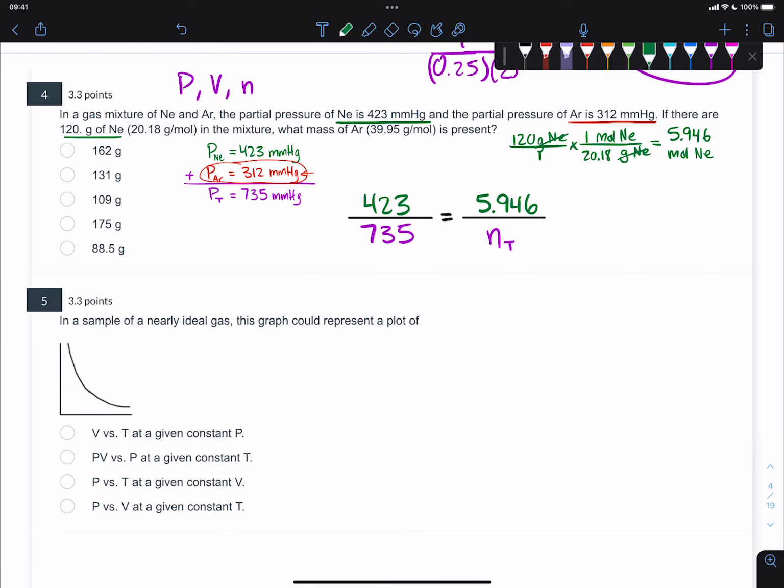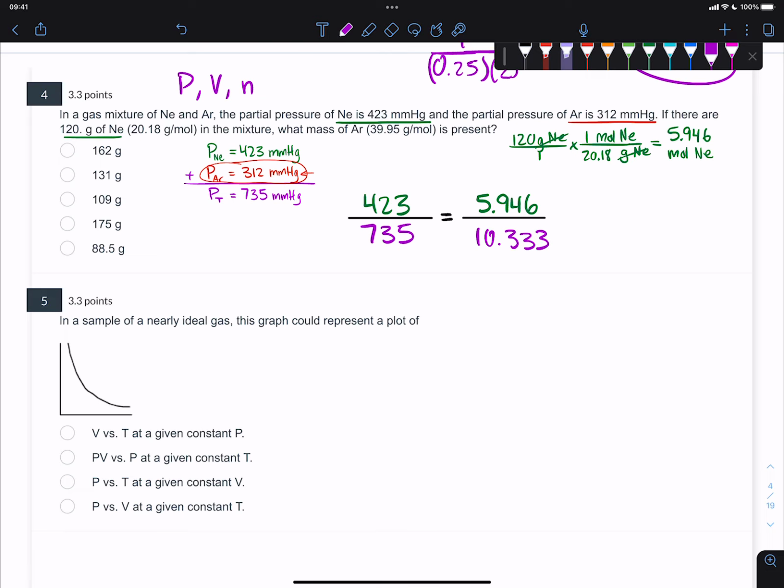So using cross multiplication, you can solve for the total number of moles. So I will do that here. Multiply that number by 735, divide by 423, and we get 10.3325 and something like that. So that means that solving for the total number of moles, there are 10.33, let's call it a 3, rounding.